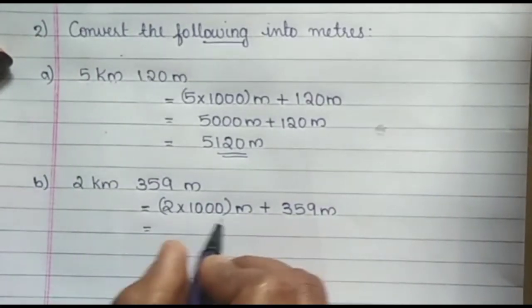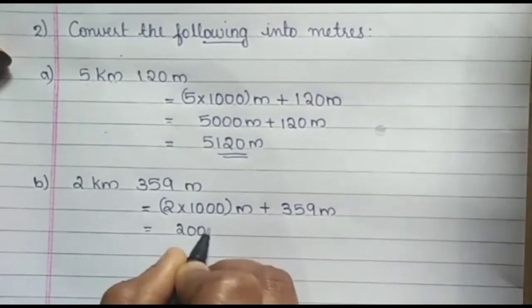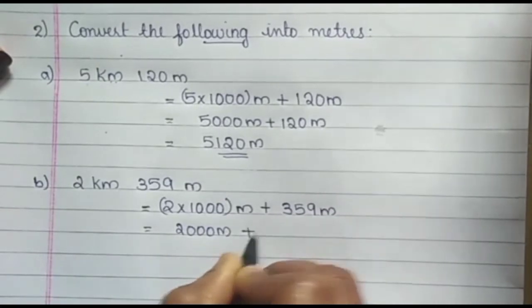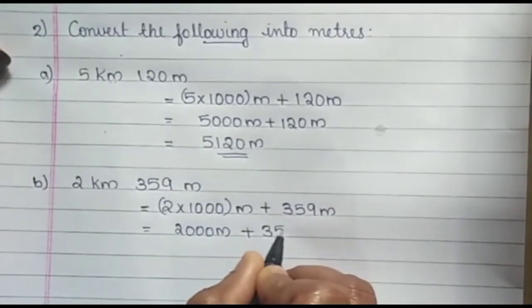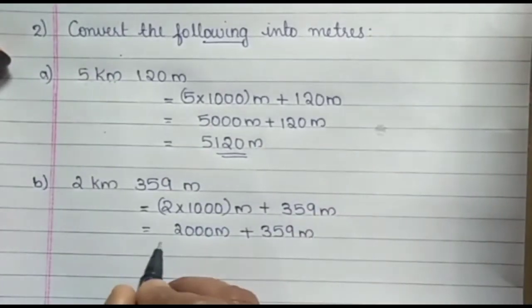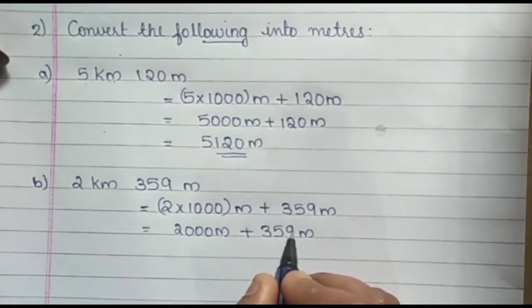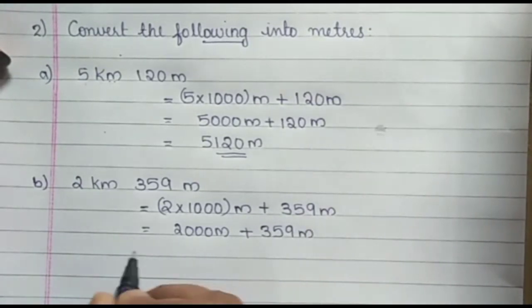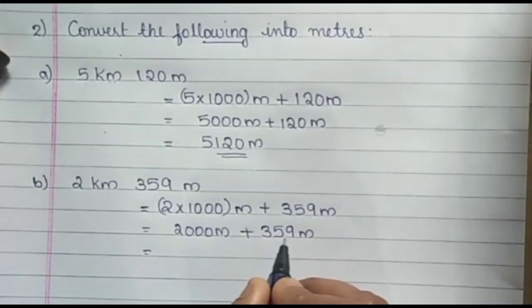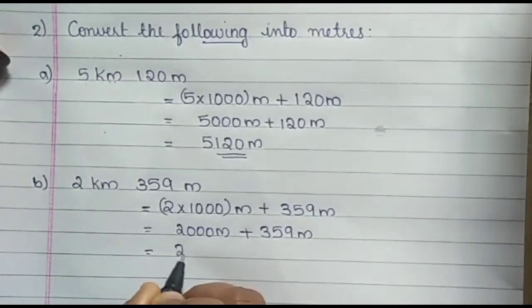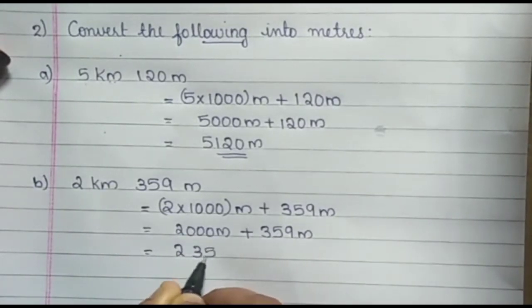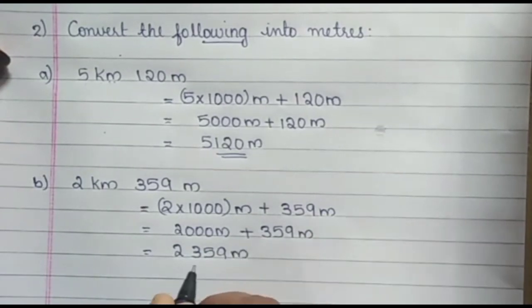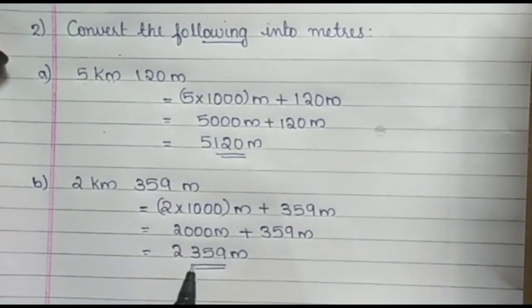So 2 into 1000, the answer is 2000 meters plus 359 meters. Now we should add 2000 and 359. We know that 2000 plus 359, the answer is, yes, 2359 meters. So this is the way of converting kilometers into meters.